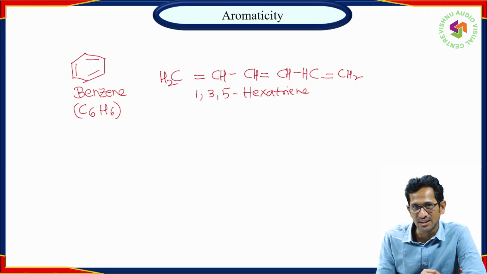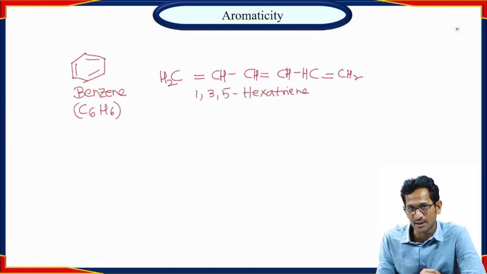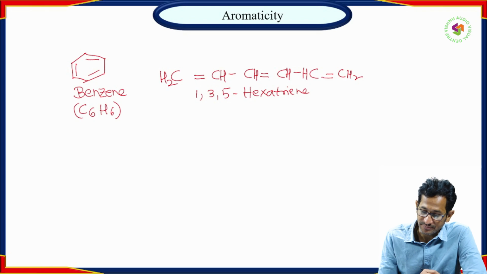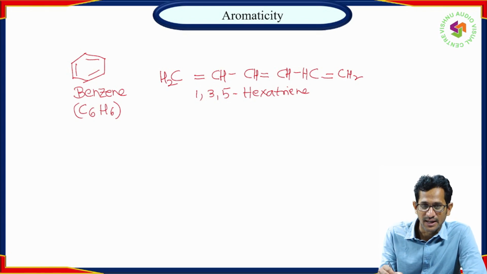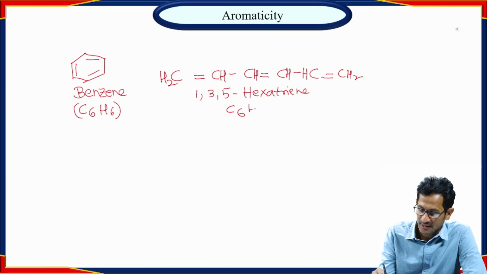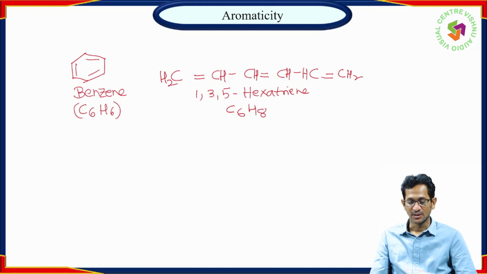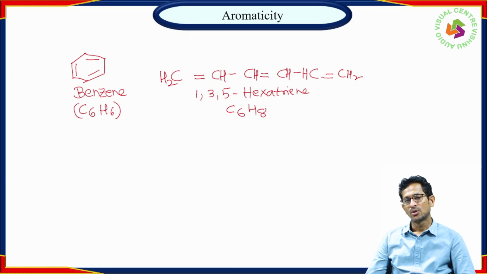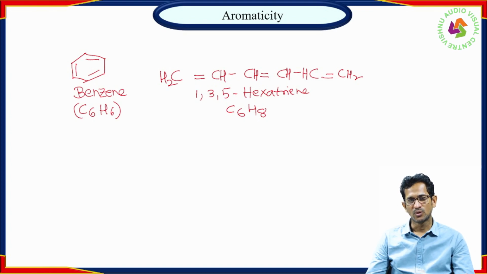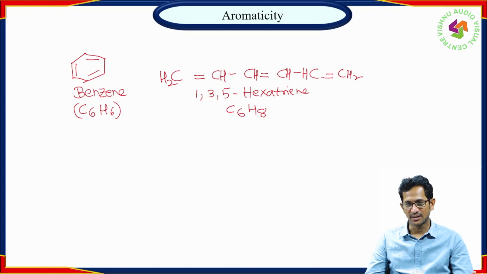It contains three double bonds, located in an alternating pattern. The molecular formula is C6H8. So among these two, one compound is an aromatic compound, and one compound is an aliphatic compound.